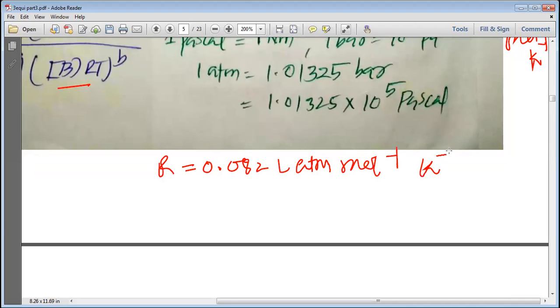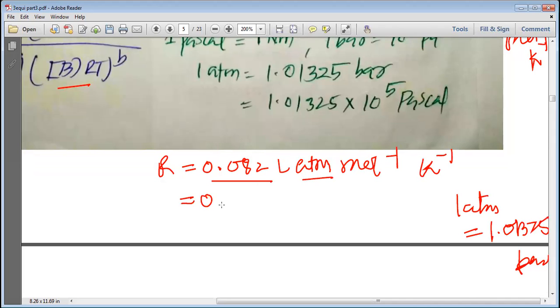Now we want to write this unit of R with bar. R is equal to 0.082 liter into atmosphere per mole per Kelvin. But we are well aware that 1 atmosphere is equal to 1.01325 bar. So we can multiply 0.082 by 1.01325, and finally we get 0.083.